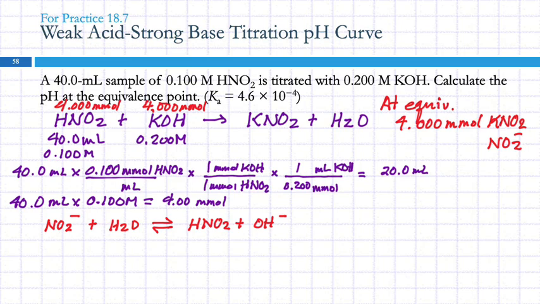We were given Ka. Kb equals 10 to the minus 14 divided by Ka, which is 2.17 times 10 to the minus 11.